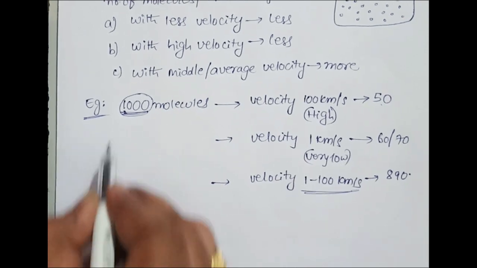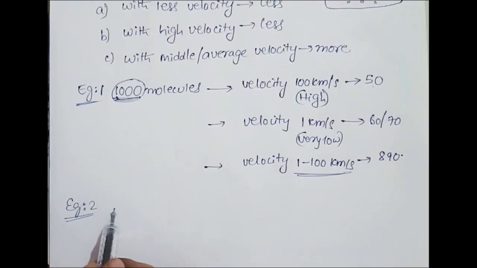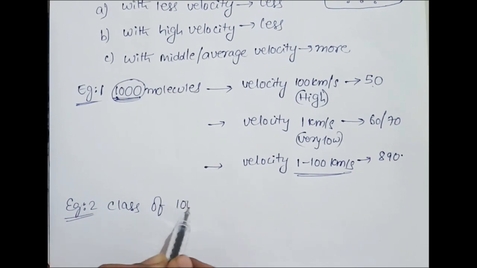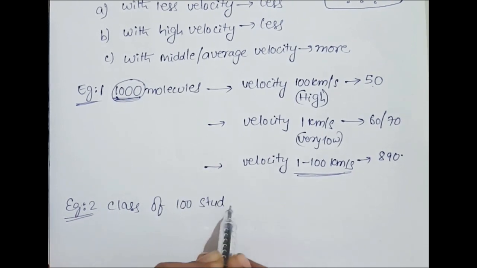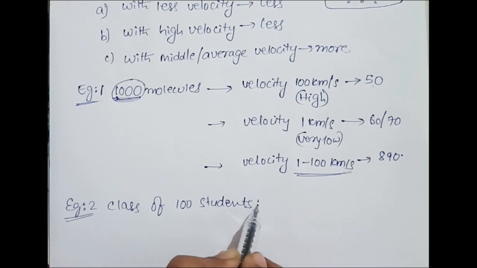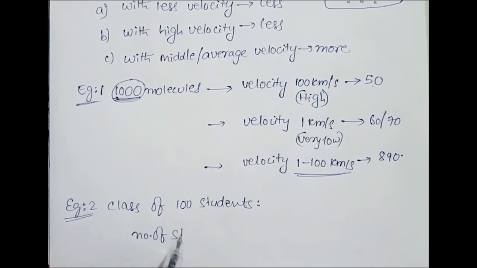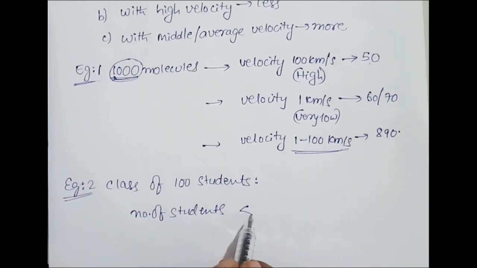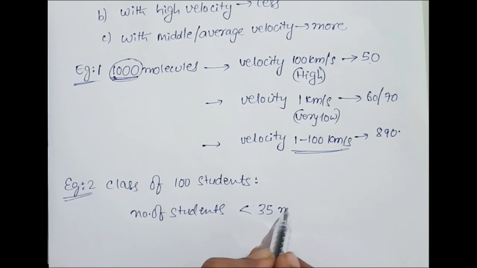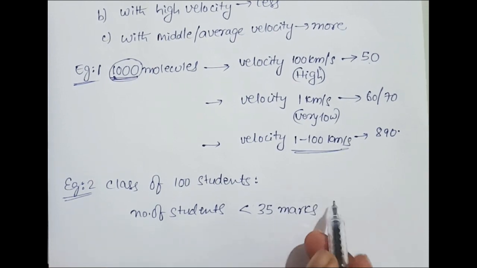Example number 2. If you take a class of 100 students, tell me the number of students who will secure less than 35 marks out of a 100 marks exam.